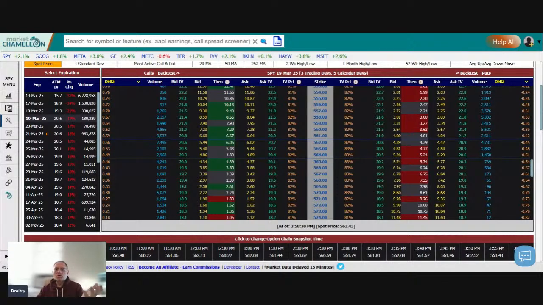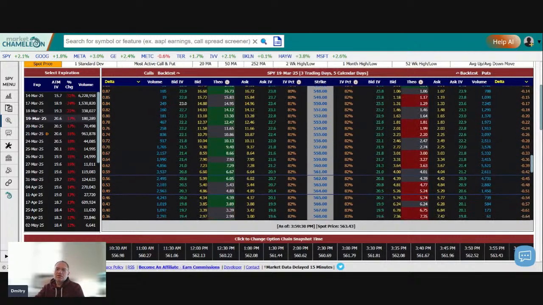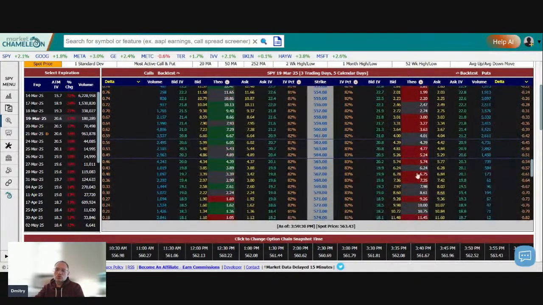So for example, here we see that these puts, you see them in red, which means that our theoretical values are either right on the bid or a little bit below. So when those cross, it lights up red. You can see here the theoretical value is $9.26 with this option at $9.28.